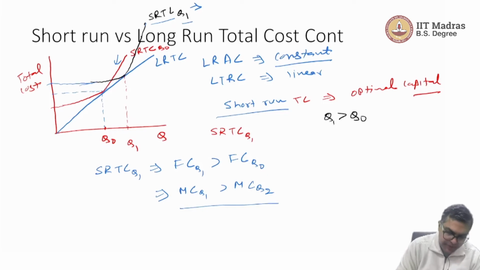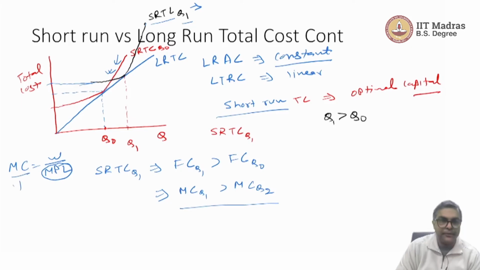We say labor and capital complement one another, and MC is equal to W by MPL, as in this case we have lower capital and therefore lower MPL and therefore higher marginal cost, and that is how we get the slope. So, now the graph should be very clear to you.